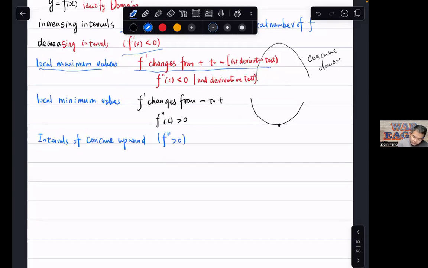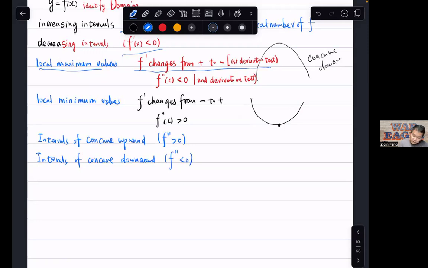And for the intervals of concave downward, you look at the intervals you obtain from the inequality f double prime of x less than 0. And that's basically how.